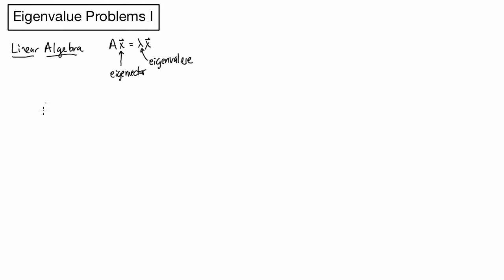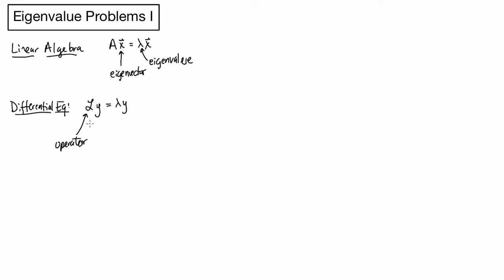However, in differential equations, we have a slightly different take on this problem. In differential equations, the form is some operator acting on y, which is a function, and giving us back a constant multiple of y. So here, L is an operator. It could be an ODE or a PDE or whatever the case may be.